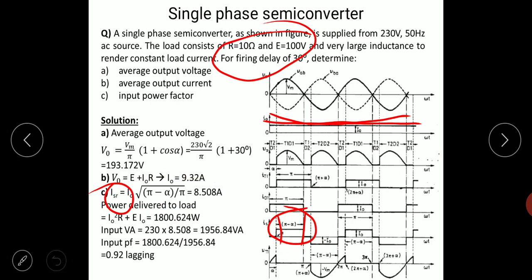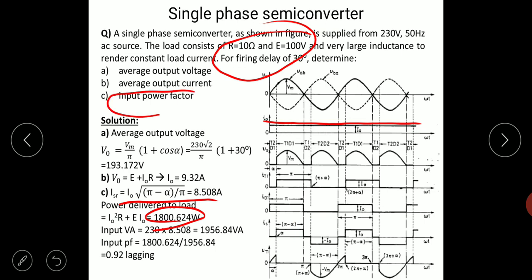The RMS current is given as I0 multiplied by the square root of pi minus alpha by pi. We know how to calculate the RMS value of such waveforms. The power dissipated in the resistance is I0 square multiplied by R, and the power delivered to the DC EMF, that is for charging the battery, will be E multiplied by I0. If we put in all the values, we will get the power delivered to the load.